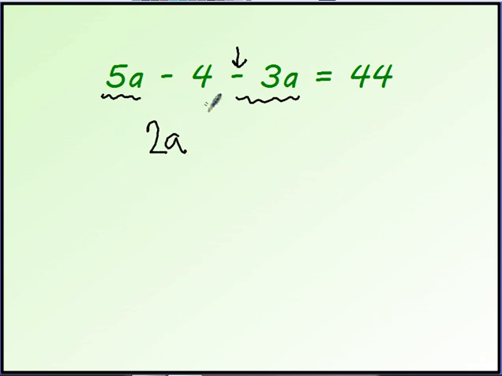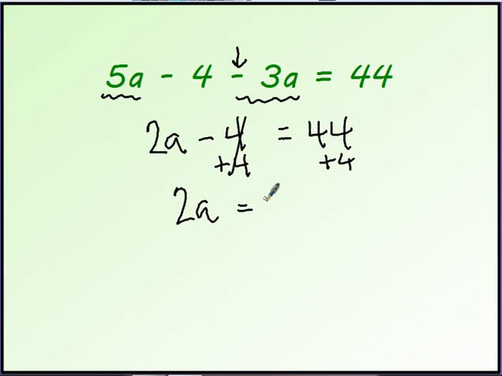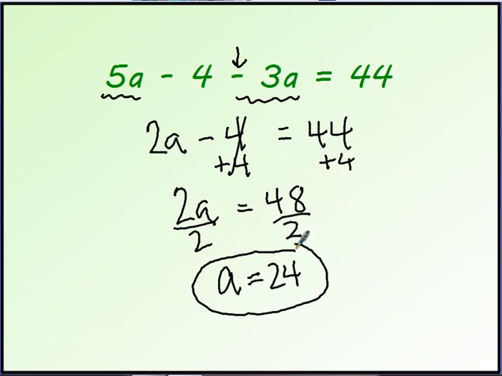I'm still going to write down my minus 4 that I haven't used and my equals 44. Now I'm ready to take care of my constant. And finally divide by my coefficient. A equals 24 is my final solution.